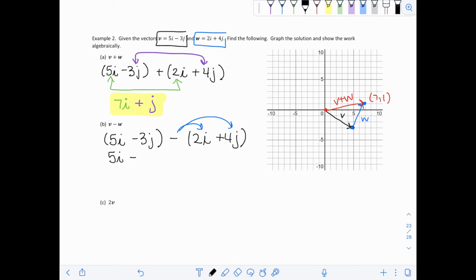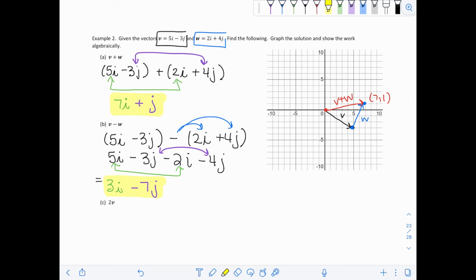So it's 5i minus 3j minus 2i minus 4j. So the final answer, combining like terms, would be 3i minus 7j. So that's the vector we get when we subtract w from v.